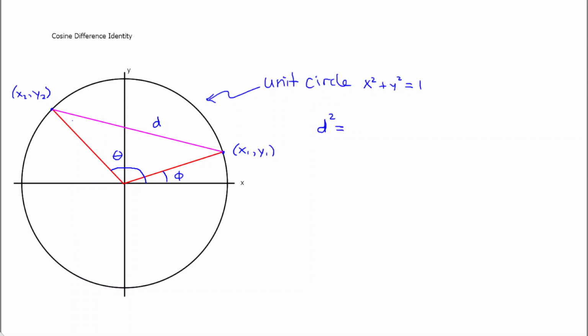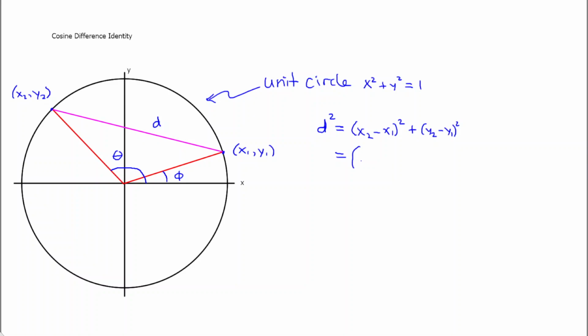We'll just use the Pythagorean theorem, or the distance formula, essentially. Let's take the difference in those x coordinates squared plus the difference in the y coordinates squared. Now we have to remember that on the unit circle, x coordinates are always equal to the cosine of the standard position angle, and the y coordinates are equal to the sine of that angle.